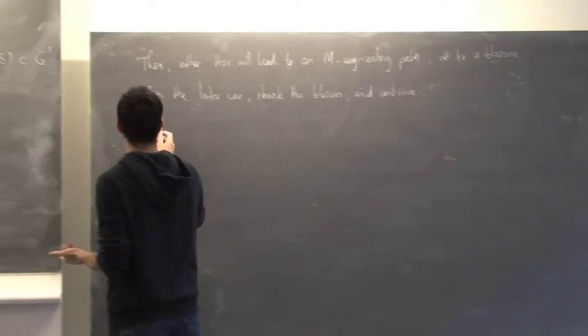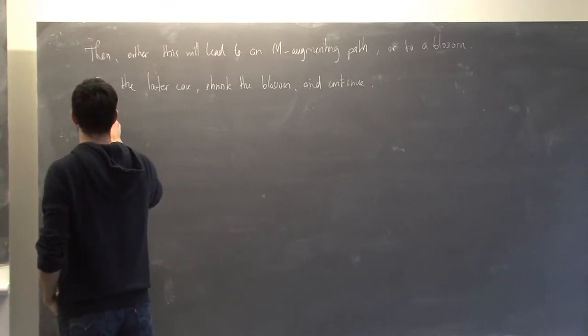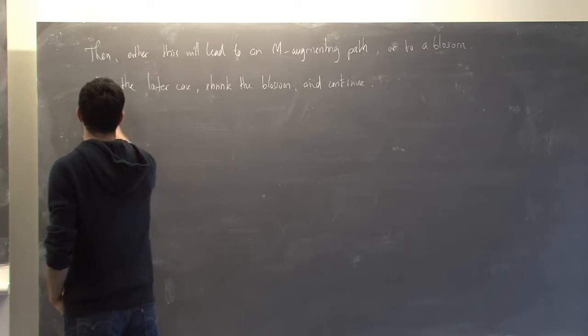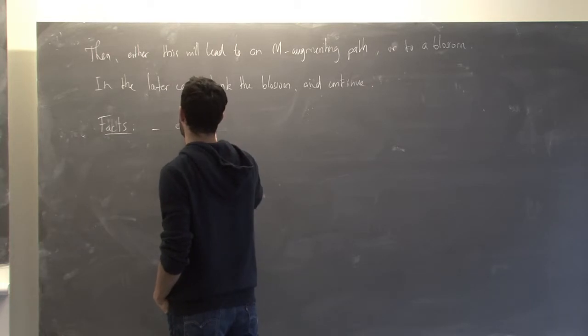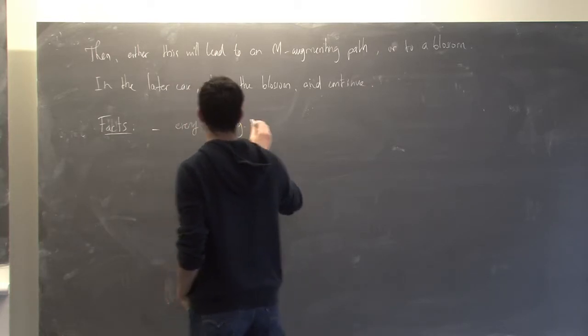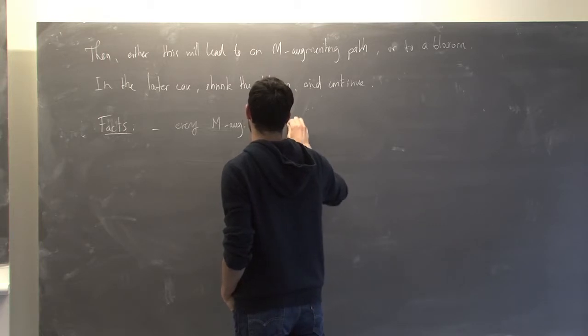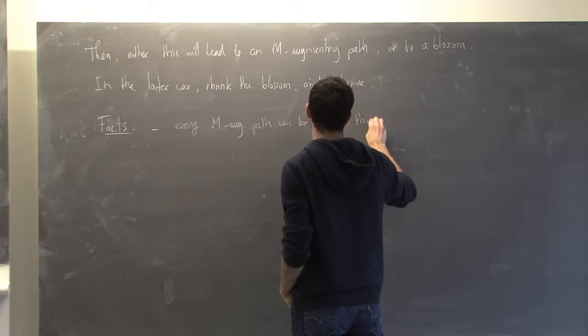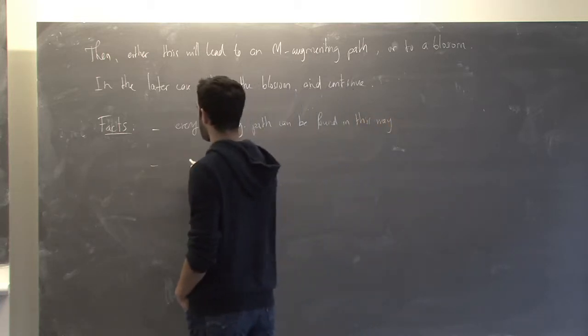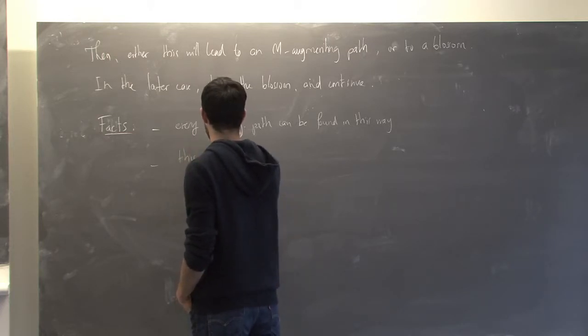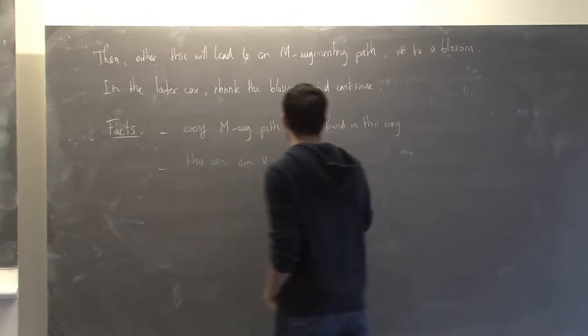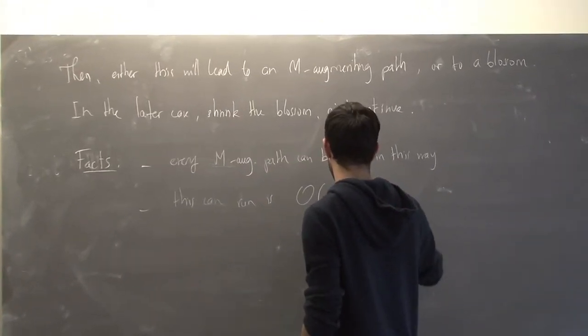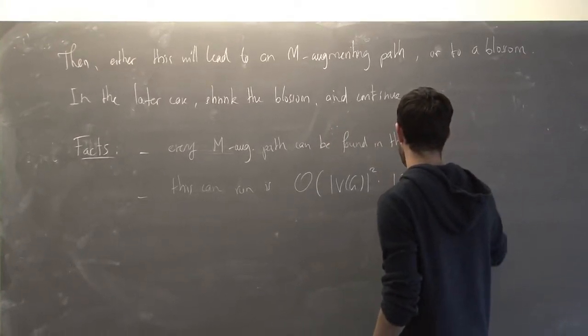So again, I'm going to state this as two facts. So every M augmenting path can be found in this way. And second fact, this algorithm can run in big O of t squared times number of edges.